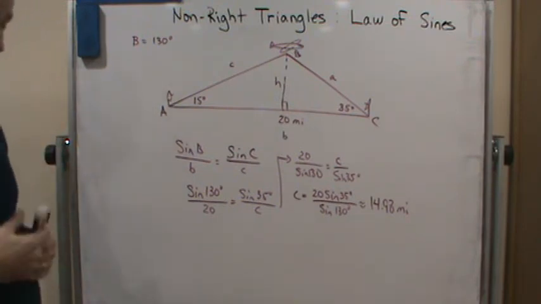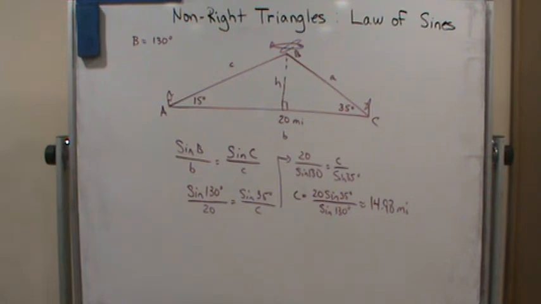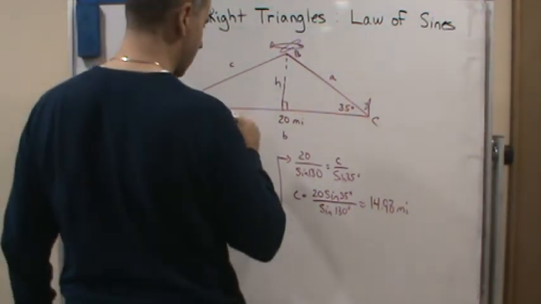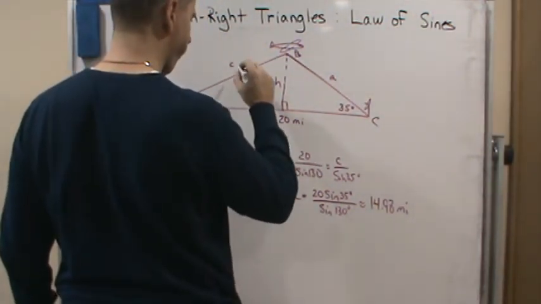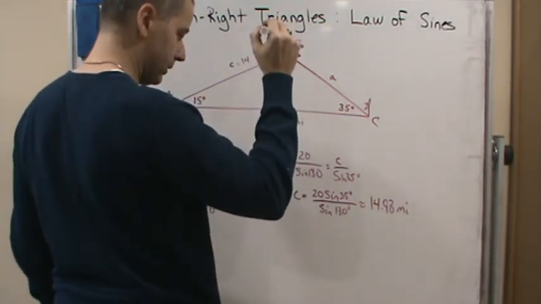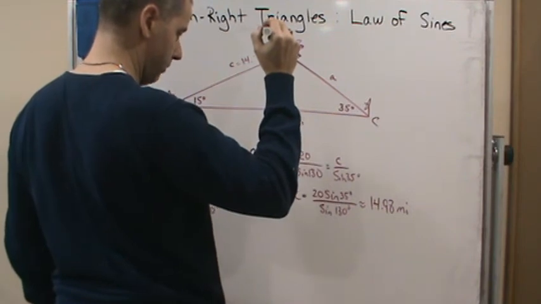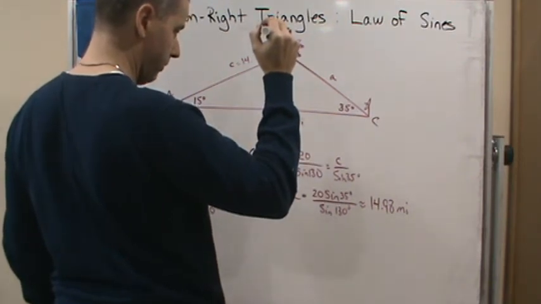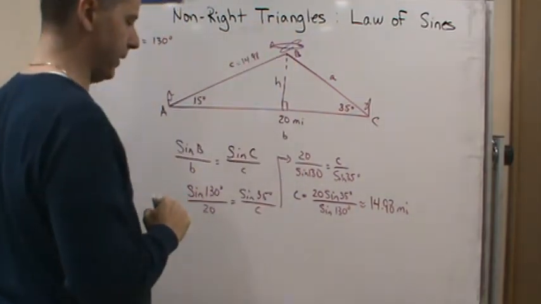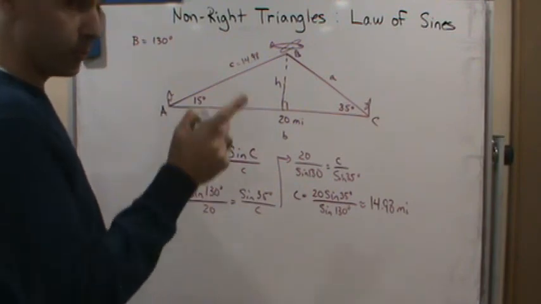Okay, now, guess what? Now we can find h. Because if we know that this is approximately 14.98, just thinking off the top of my head here, there's more than one way you could do this.